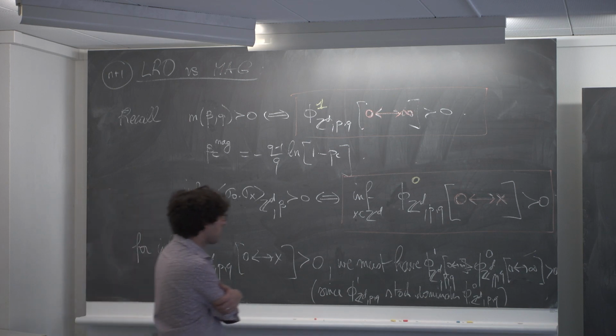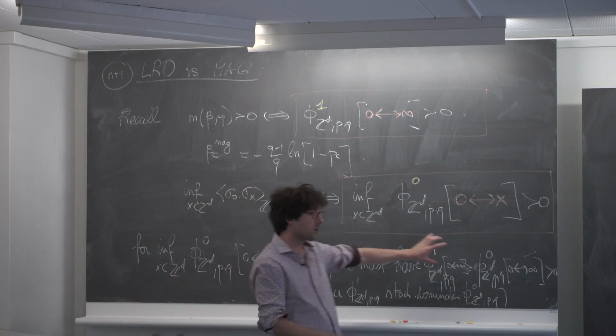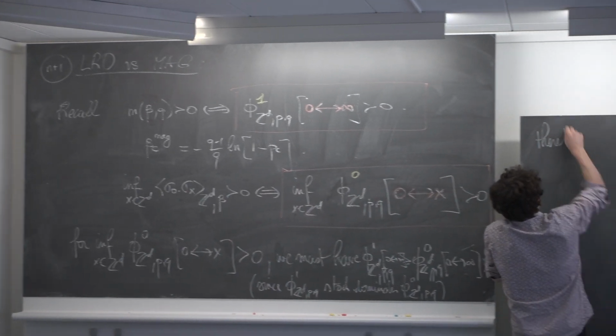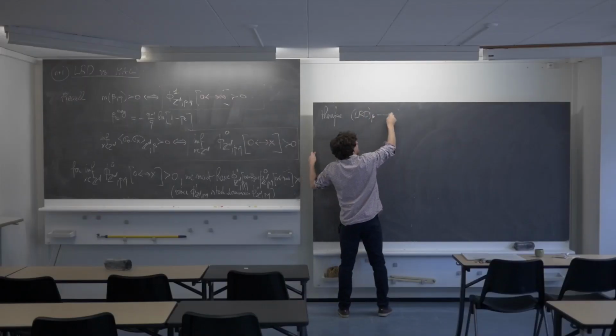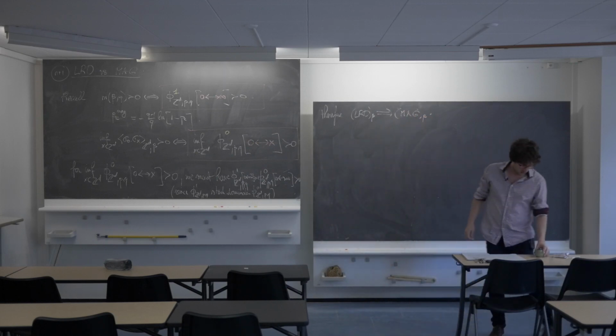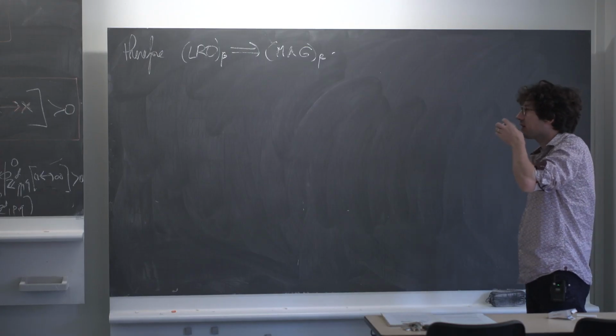So that tells us that the long-range ordering implies the positive magnetization. Long-range ordering at beta implies magnetization at beta. So this inequality is trivial. I mean, it's not difficult.